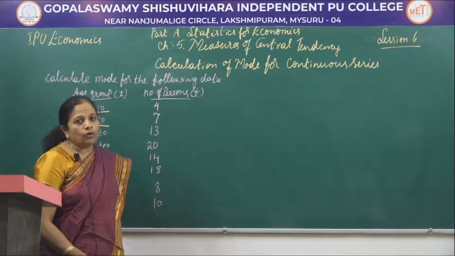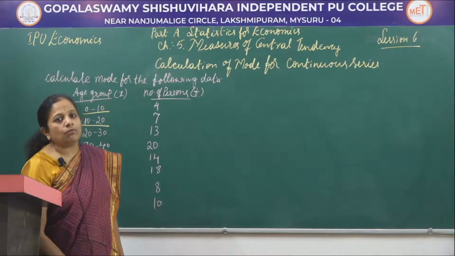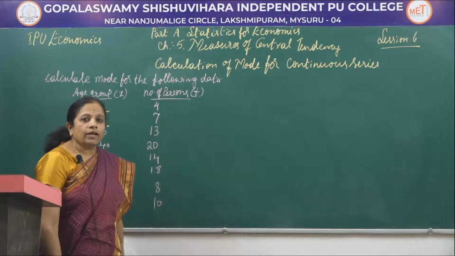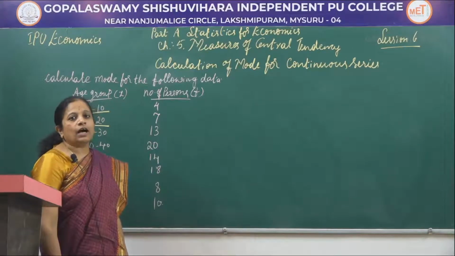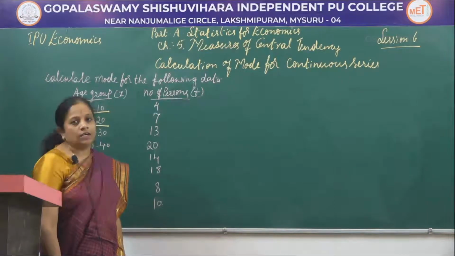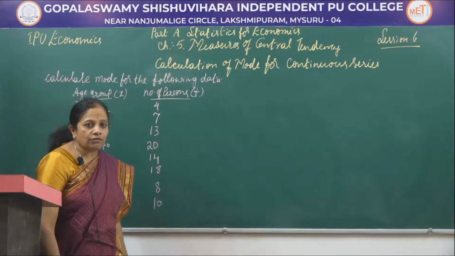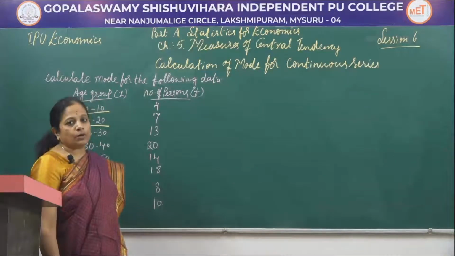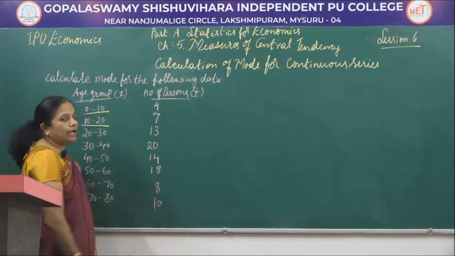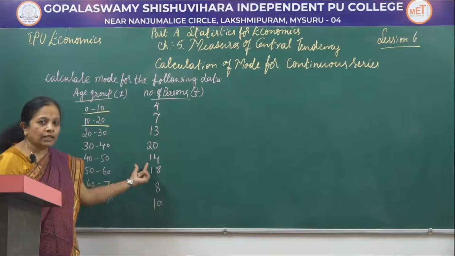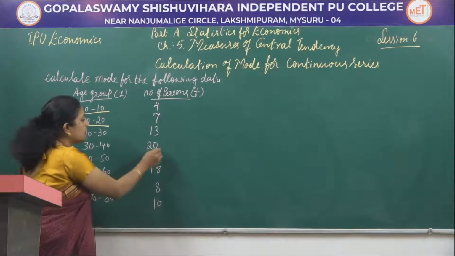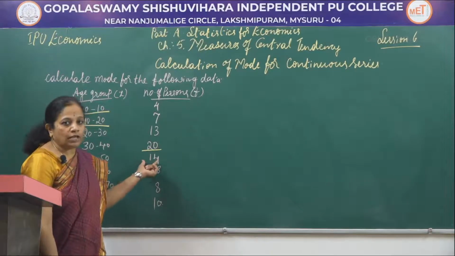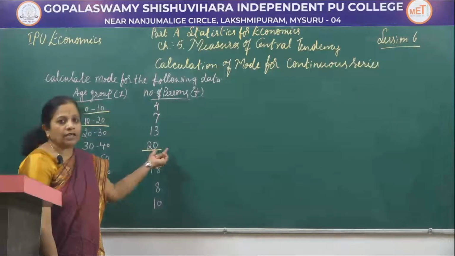As you all know, a mode is the most repeated value. Another way of finding the mode is the highest frequency of the series. So the highest frequency of the series is called the mode and it is the one which is most repeated value. Here, by just inspecting the problem, we can say that the mode is 20, but the exact mode cannot be said by seeing the highest frequency.